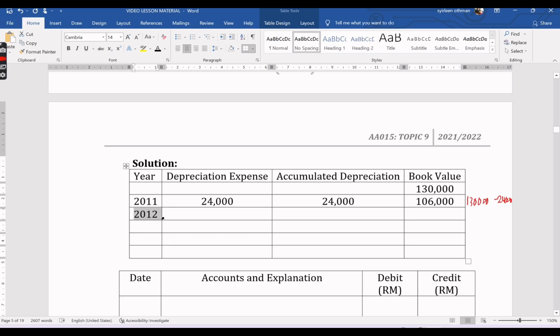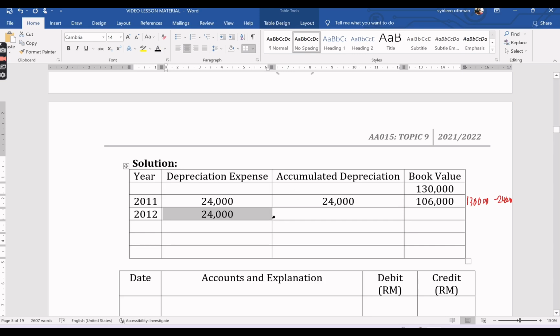Or maybe you already disposed of some of the machines, so the amount is no longer 130,000, and the depreciation expense will also differ. Assuming there are no changes for that particular asset until the end of the useful life, next year the depreciation is still 24,000.